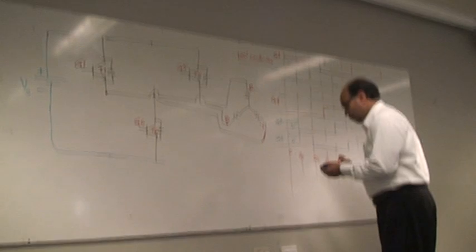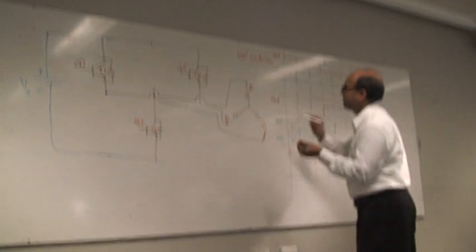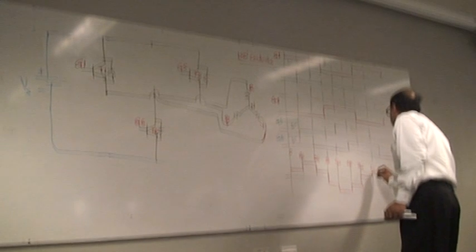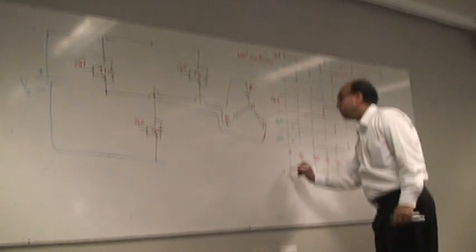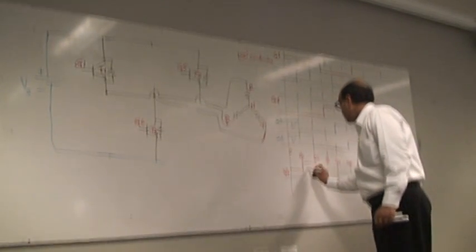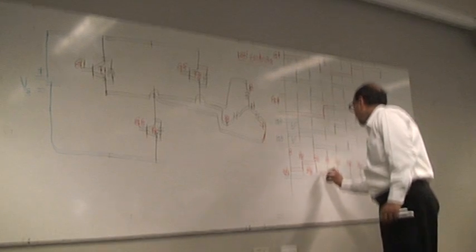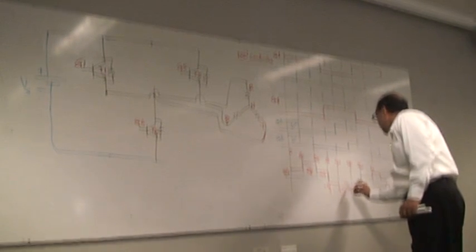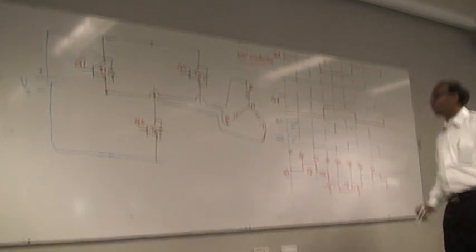So between 0 to 180 degrees, you will see VRN will be something like that. This voltage will be roughly Vs by 3. This will be 2 Vs by 3, Vs by 3, minus Vs by 3, minus 2 Vs by 3, minus Vs by 3, and so on.